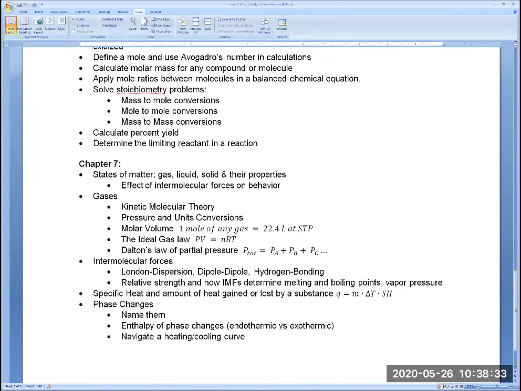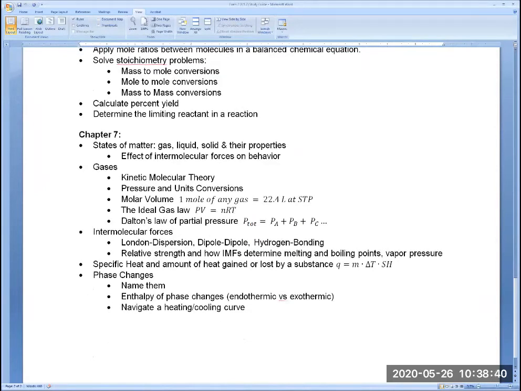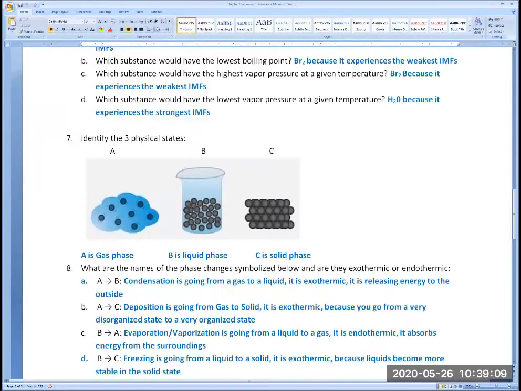Okay, and then chapter 7 goes over again the states of matter: gas, liquid, and solids. It's good to have a mental picture of what gases, liquids, and solids look like.